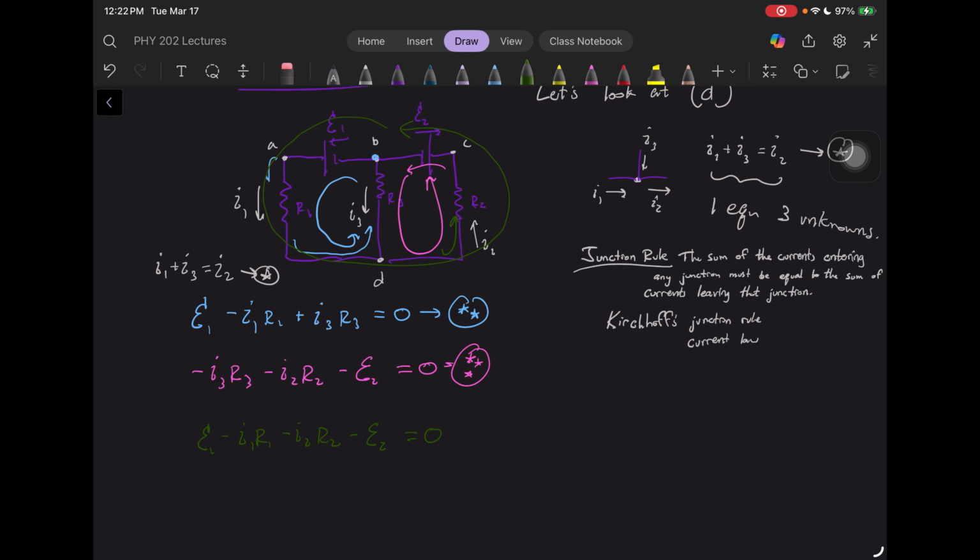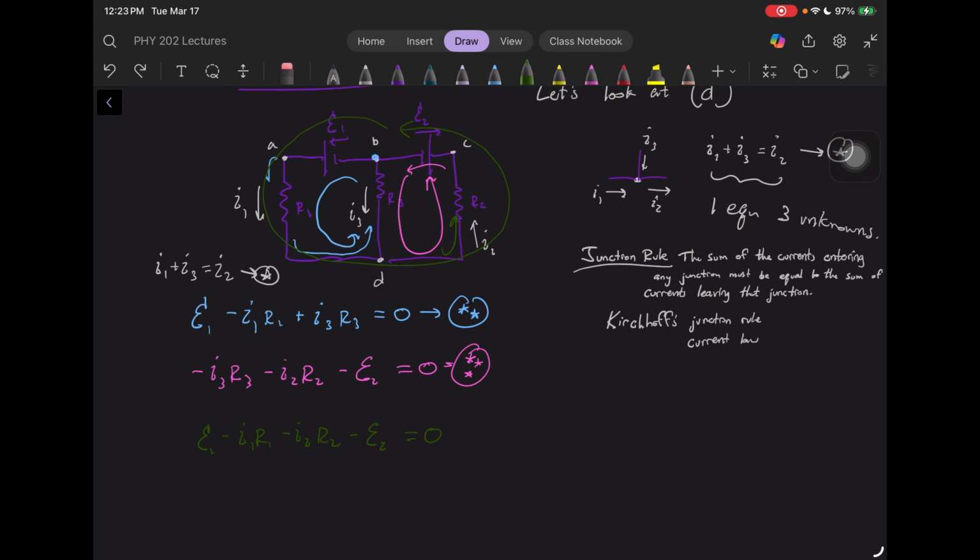And that's just the sum of these two equations, right? We have E1, E1, minus I1 R1, minus I1 R1. We have plus I3 R3, minus I3 R3. So that goes away. And then we have the minus I2 R2, minus E2 equal to 0. And so that's kind of a redundant equation.